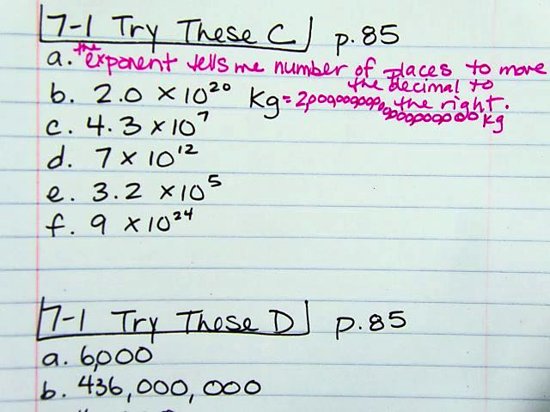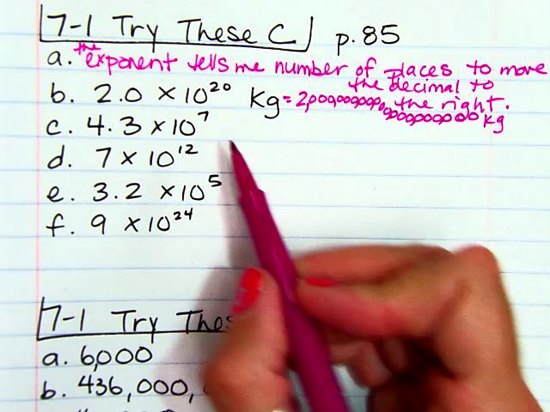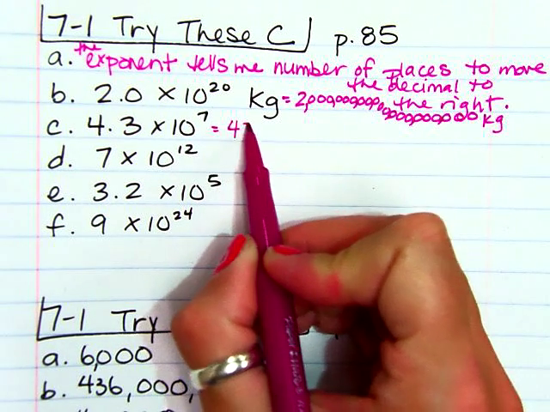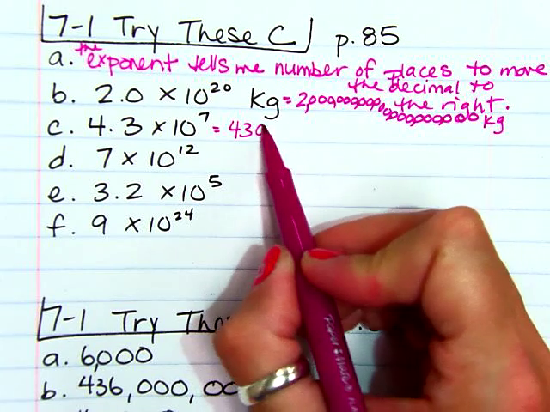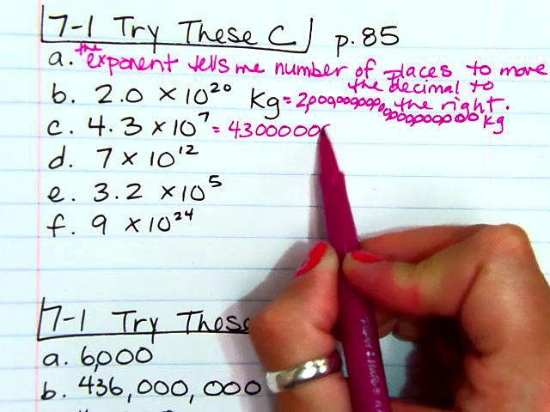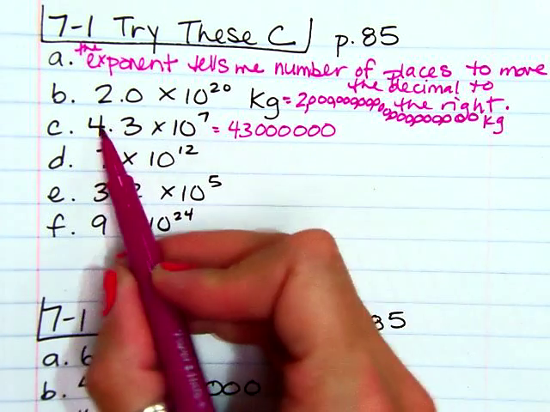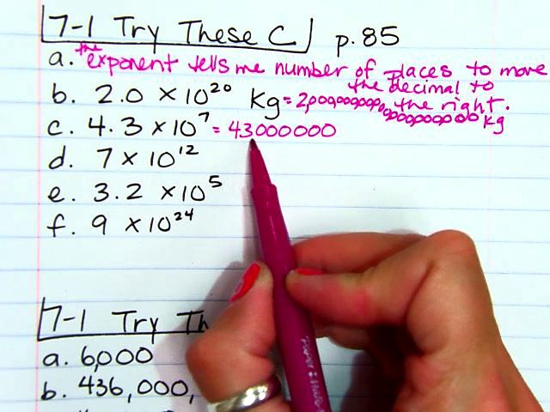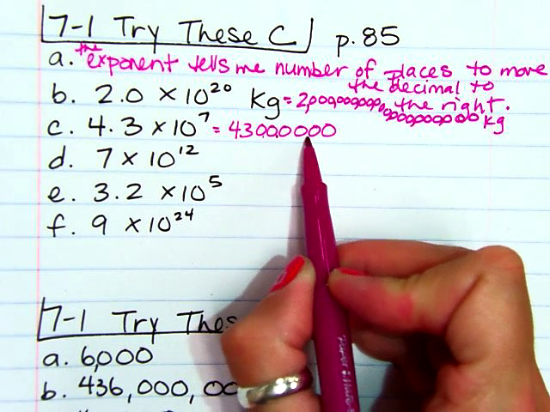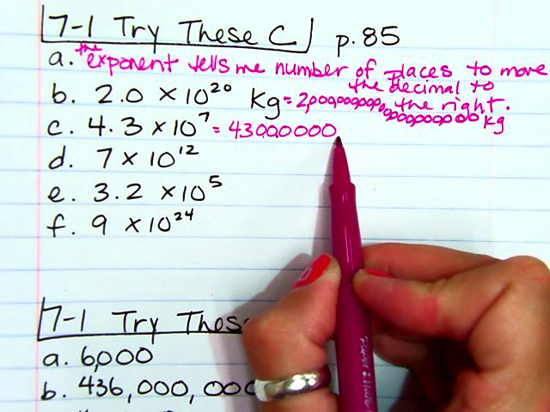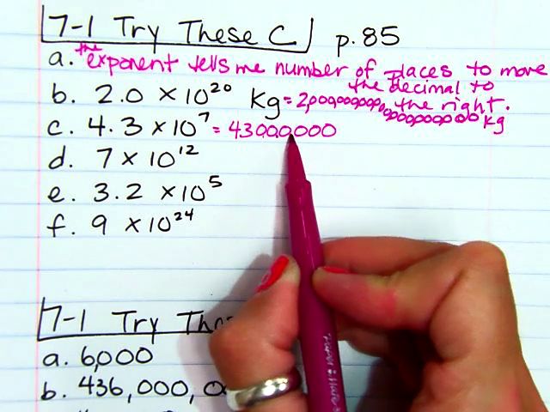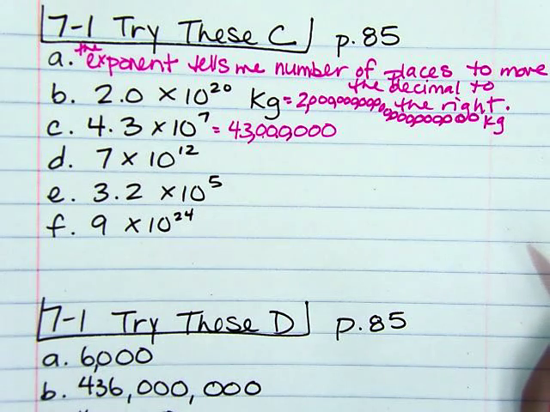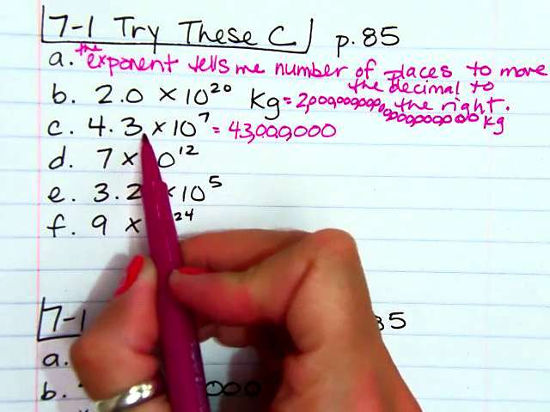Okay, and then the rest of these are just rewrite in standard form. So I'm going to need 6 zeros. And the reason for that is that my decimal point starts here. 1, 2, 3, 4, 5, 6, 7 places, but only 6 zeros, right? Because I started off with 1 place right here.